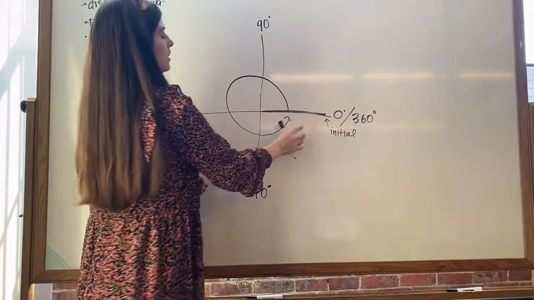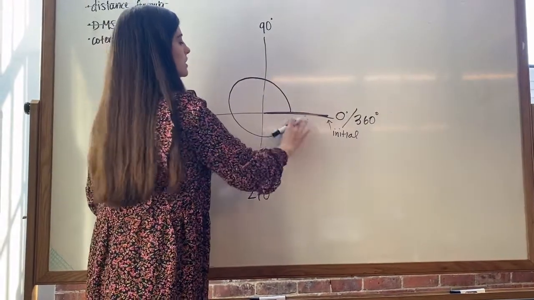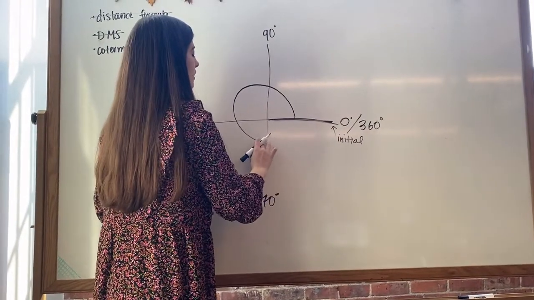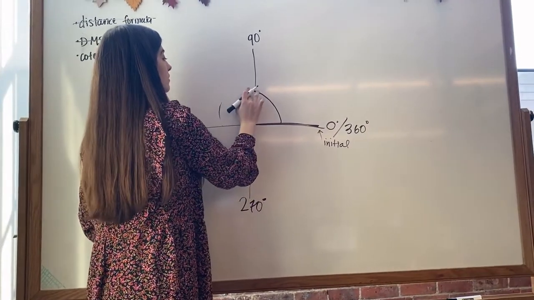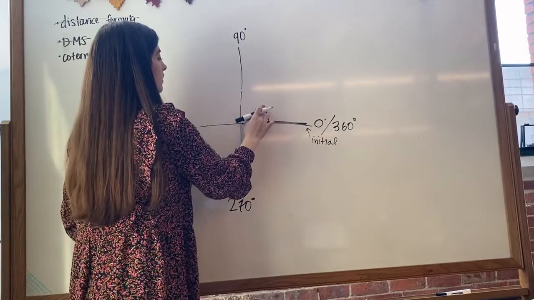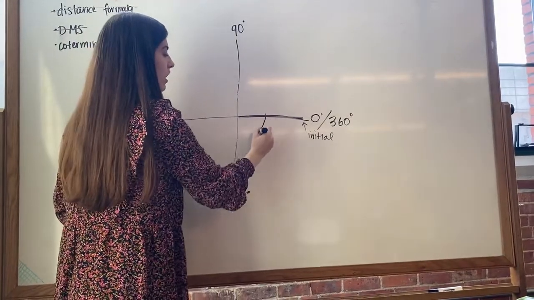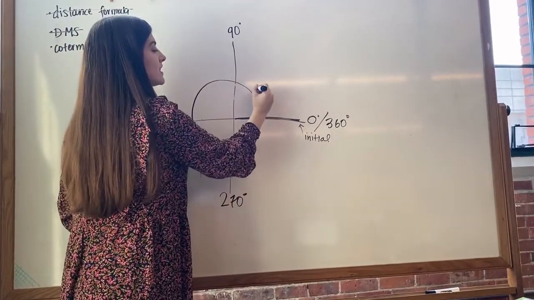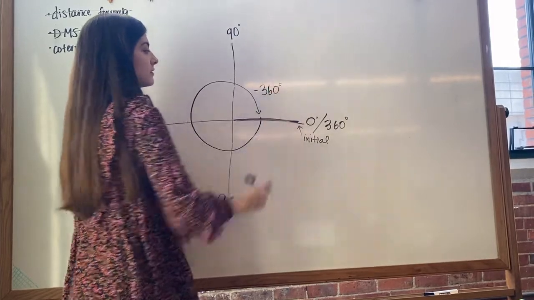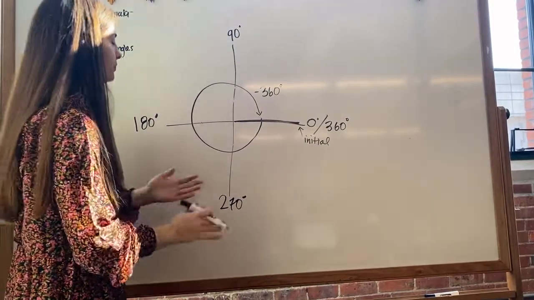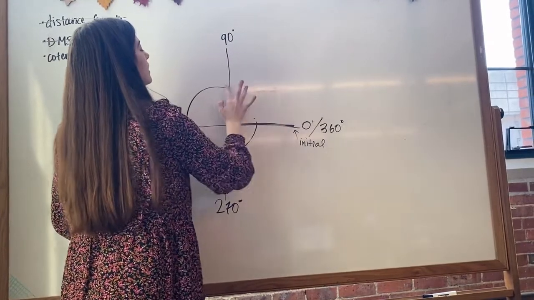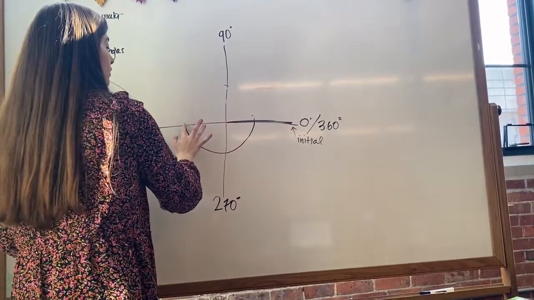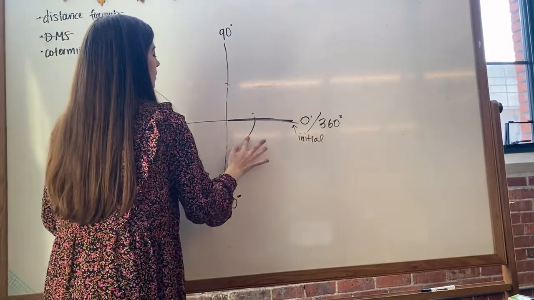So, if we know that the full circle is 360 going that way, then we can also do it in the negative, okay? So if we're going this way, if we're going clockwise, this is negative 360, okay? So, let's say I have an angle that is above 360 degrees, all right?